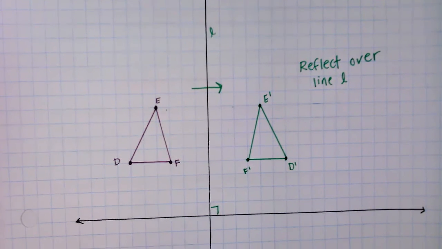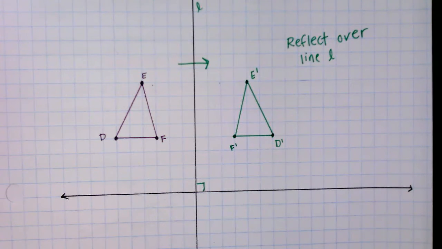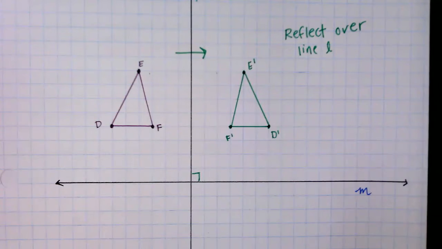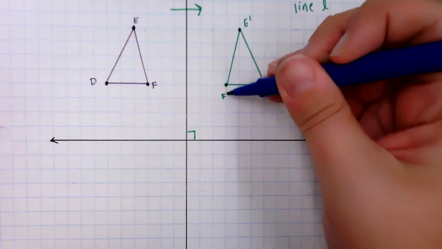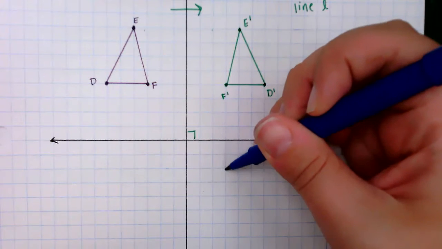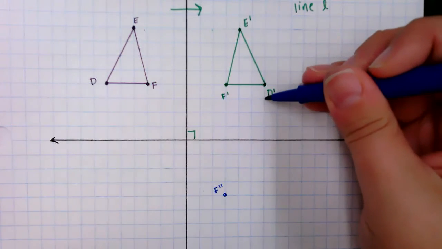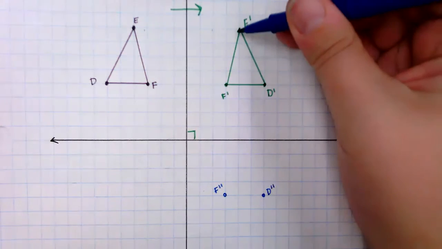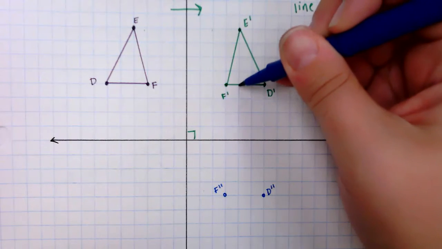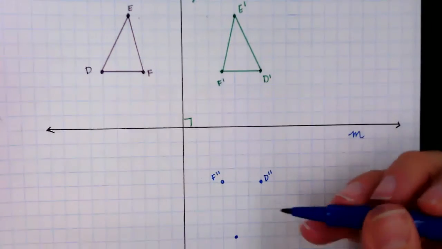All right, now we're going to reflect over the line that intersects it. So this line right here, maybe we'll call this line M. And so when I reflect down over M, this one I made kind of big, so I'm going to reflect down. There's F double prime. Same thing with D. There's D double prime. And now I'll do E. Down a little too far.